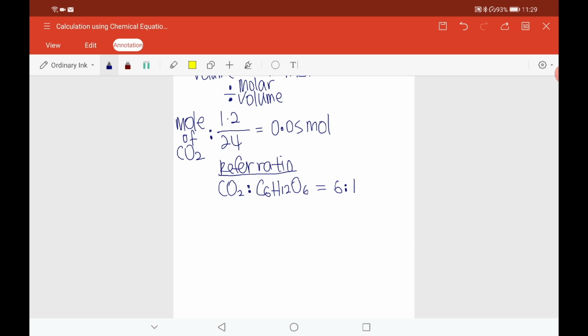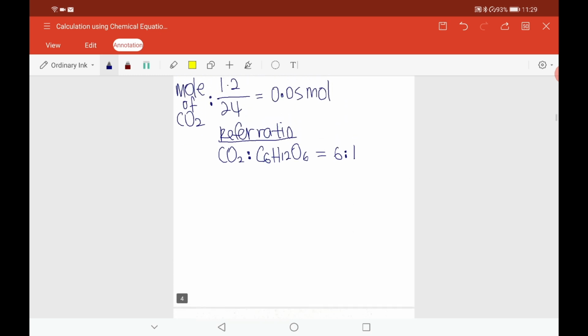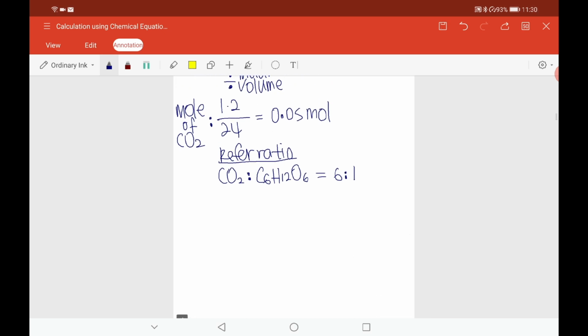To find the mole of glucose, C6H12O6, you just take 0.05 divided by 6, because the ratio is 6 to 1. When you have 6 CO2, you have 1 glucose.